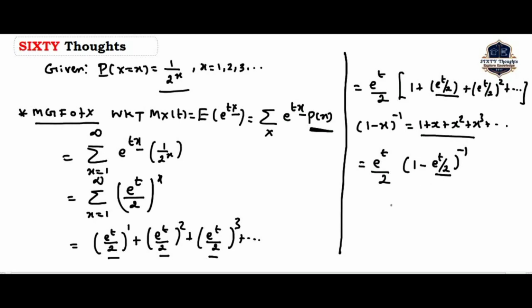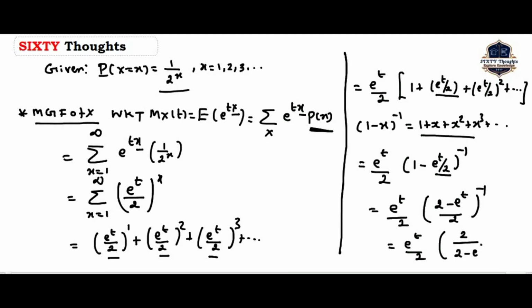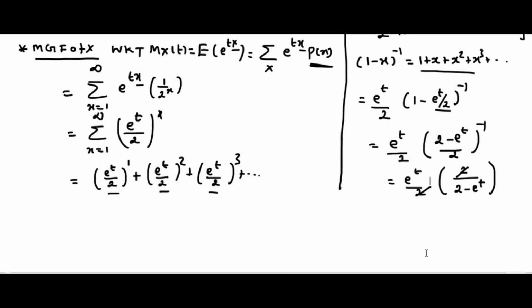First we simplify this: we take the LCM, e^t/2 into ((2 minus e^t)/2)^(-1). The inverse means we write the reciprocal value, so we get e^t/2 into 2/(2 minus e^t).